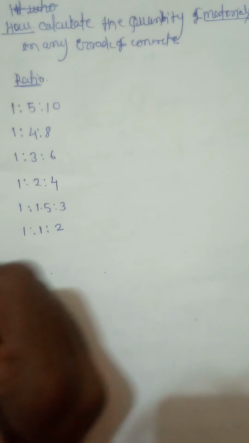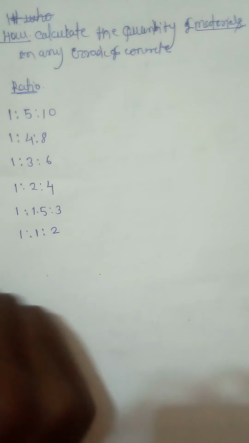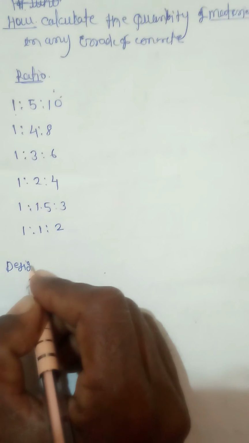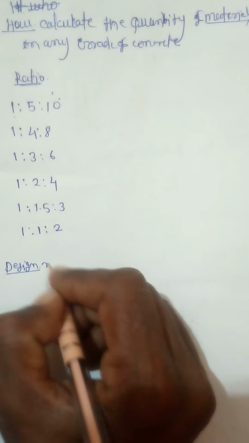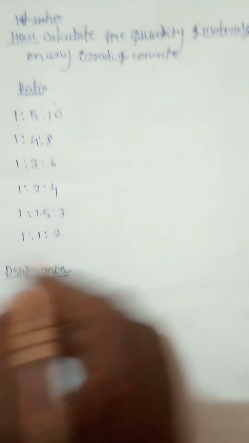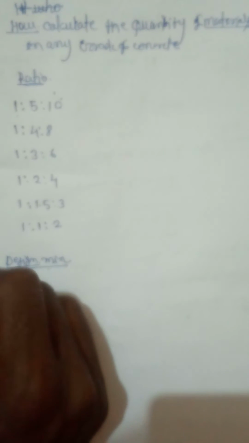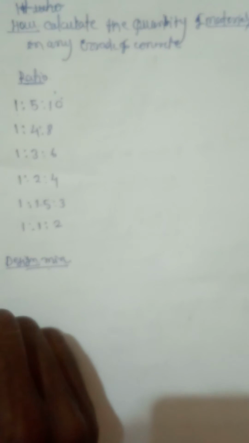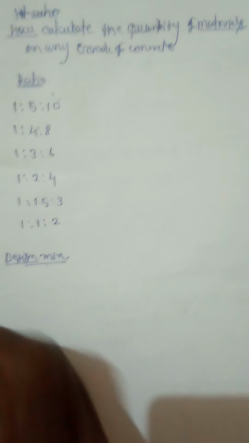For concrete above the M25 grade, we mostly do not prefer the ratio. We use the design mix for concrete above the M20, such as M30, M35, M40, and so on.